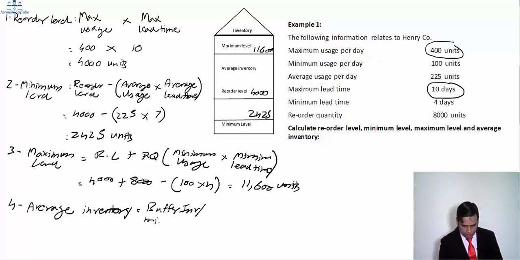In this case we will be using minimum level, plus reorder quantity divided by 2.